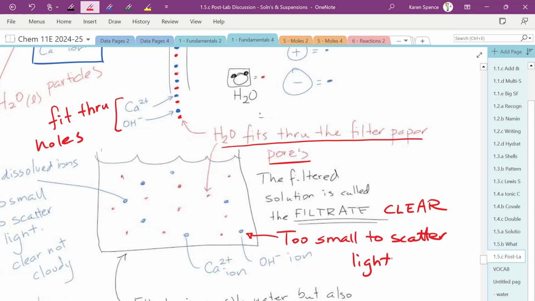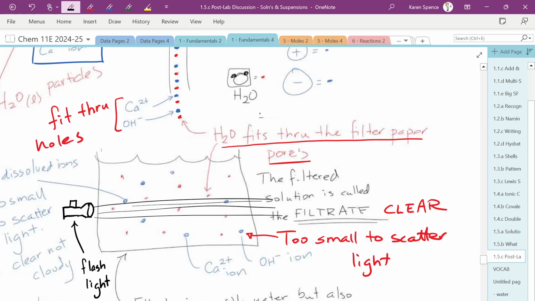Yes? So maybe I have my flashlight again. And what happens when I turn on the flashlight? The light just goes straight through. Okay?